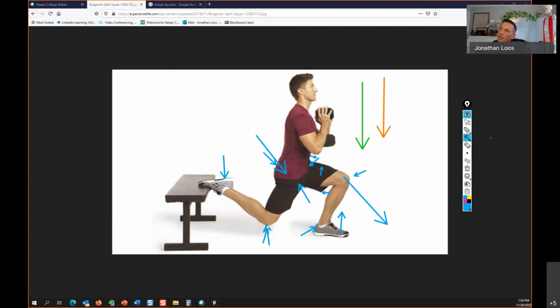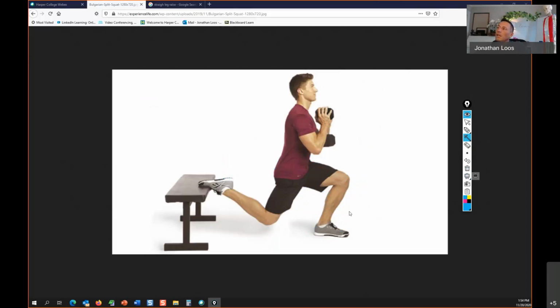Knee extensors here as well, and probably ankle dorsiflexors. But there's probably not a lot of movement going on here, which is why I'm saying probably. When you do this exercise, your focus is on this lead leg, even though there is a little bit of force through the back leg. But clearly hip extensors there, knee extensors there.